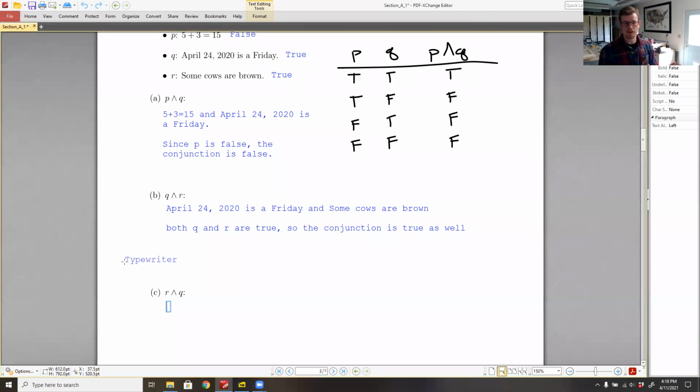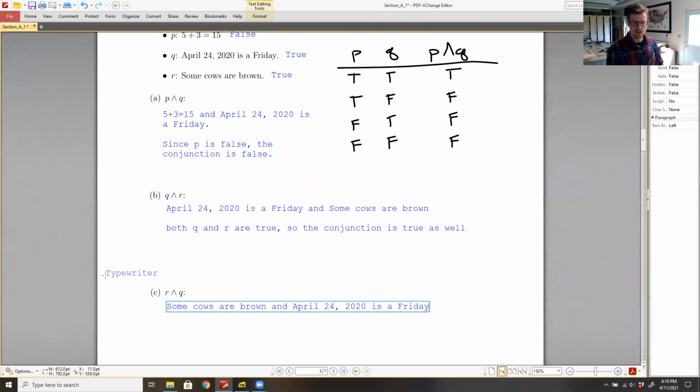All right, so we have R and Q. These are the same two statements that we were just looking at, but in the opposite order. So in this case, if we wanted to write it out, it would be that some cows are brown, and because this is still conjunction, April 24th, 2020 is a Friday.